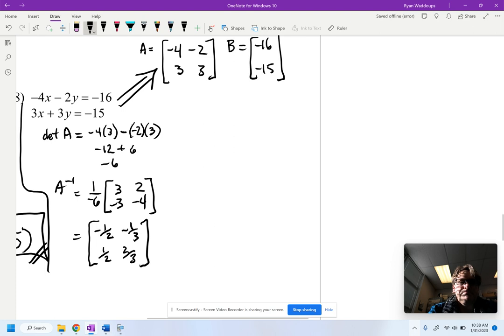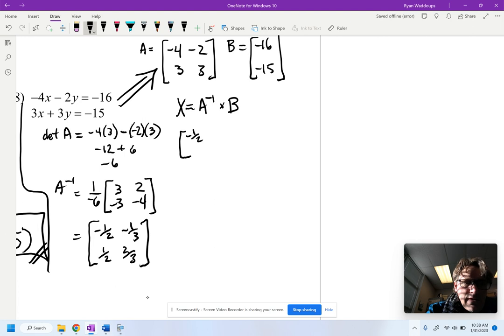And then we multiply. Capital X is equal to A inverse times B, which is -1/2, -1/3, 1/2, 2/3, and all of this is going to be multiplied by -16 and -15. So I take -1/2 times -16, that's positive 16/2 or 8.